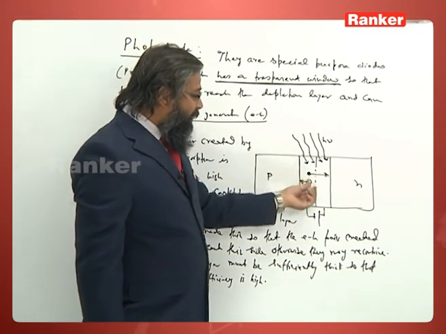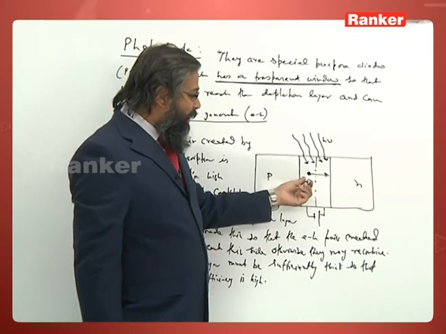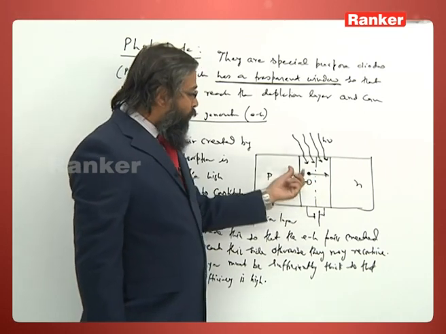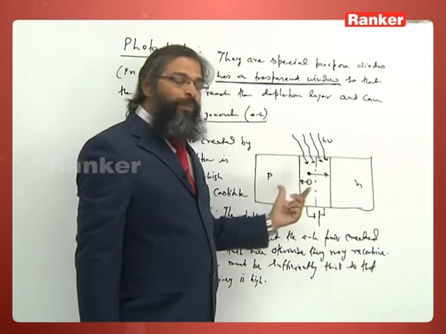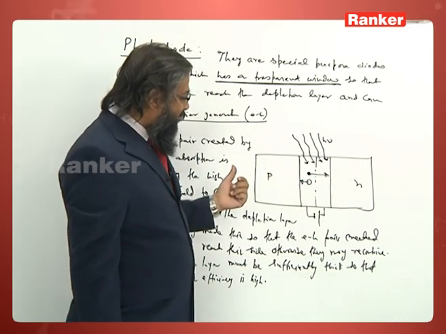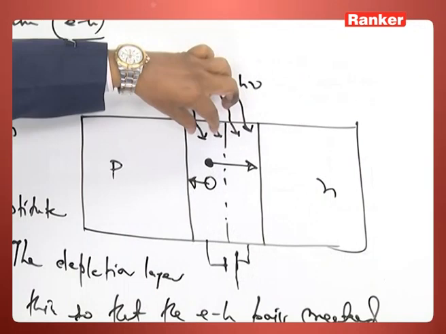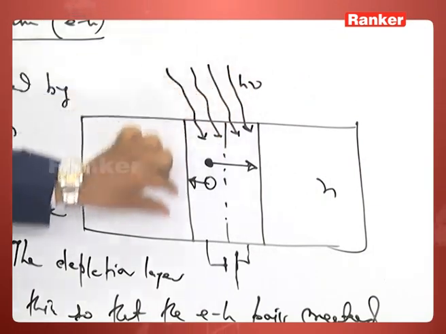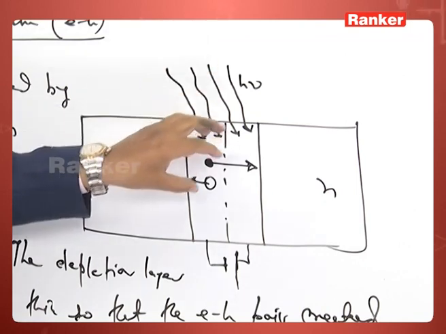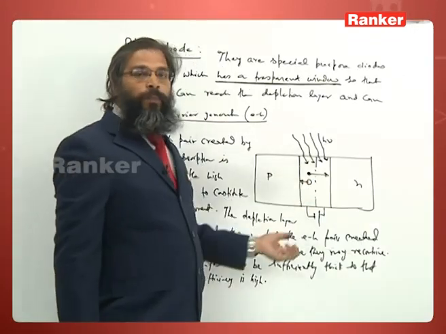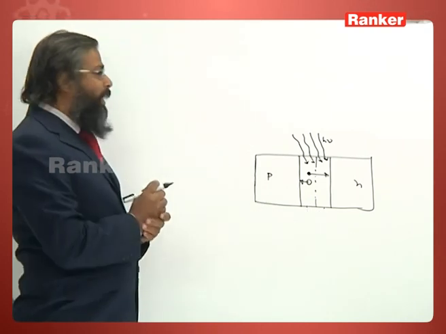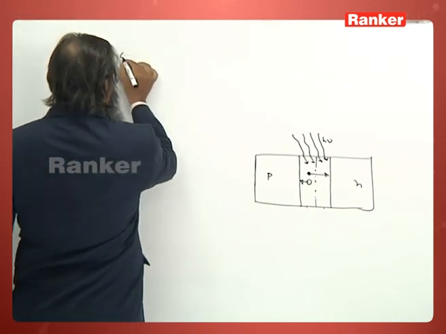So as a result, this electron hole pair will be created and they will be swept. If it is thin, they can easily be swept to their respective p and n sides, and it should be sufficiently thick so that more and more photons can cause this electron hole pair creation. So now quantum efficiency.